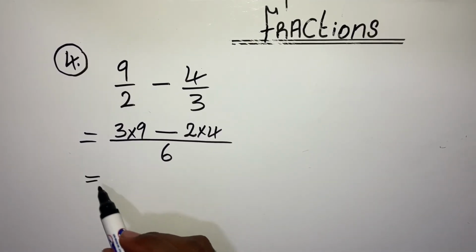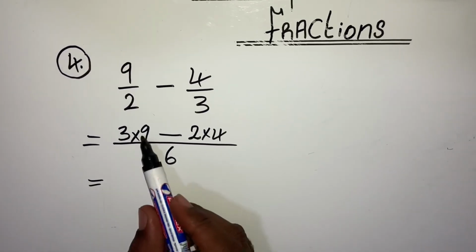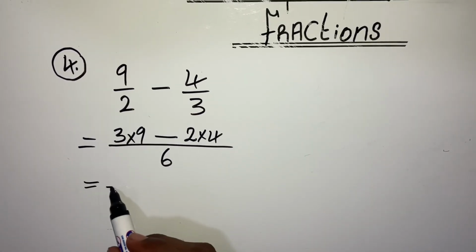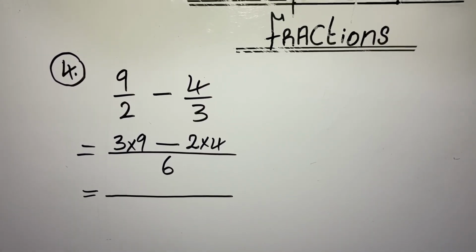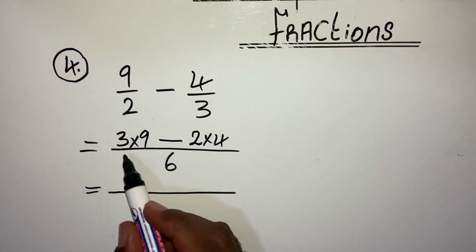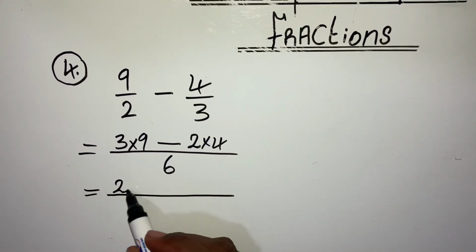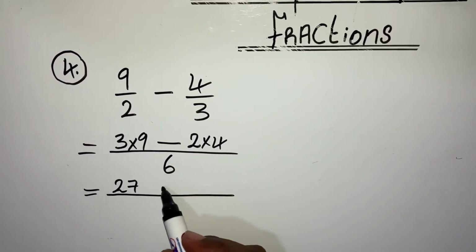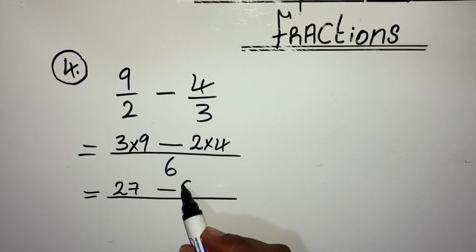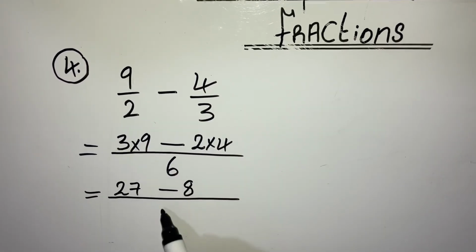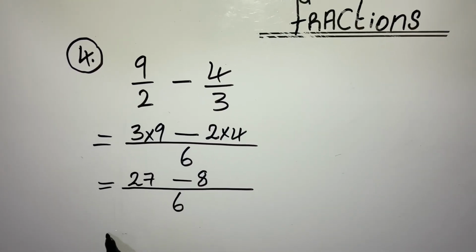Then we go on to say multiply 3 times 9, and we get 27, subtracting 2 times 4, which is 8, all over 6.